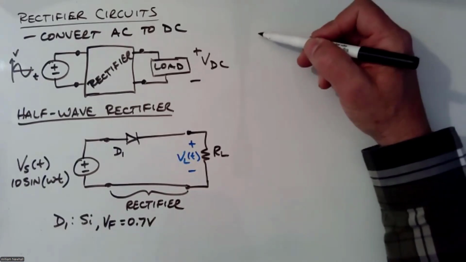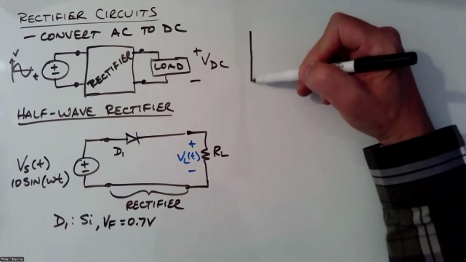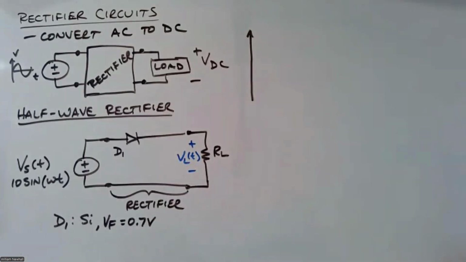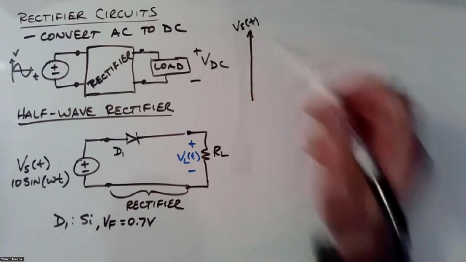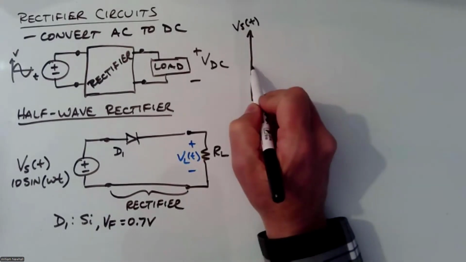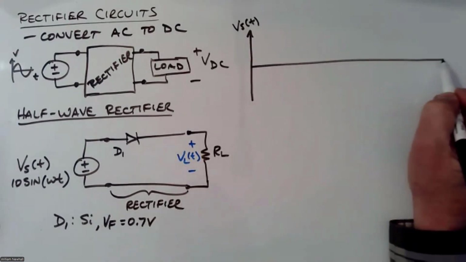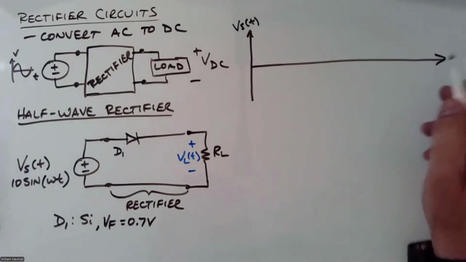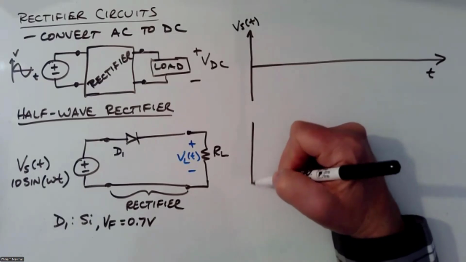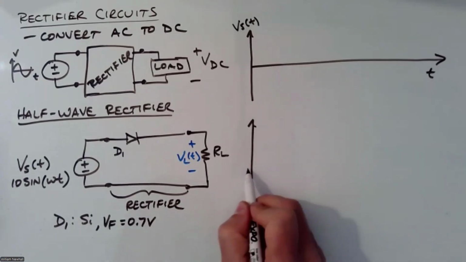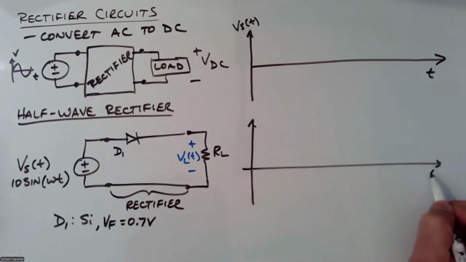Let's create a plot of Vs versus time, and VL versus time, and then just see what happens here.